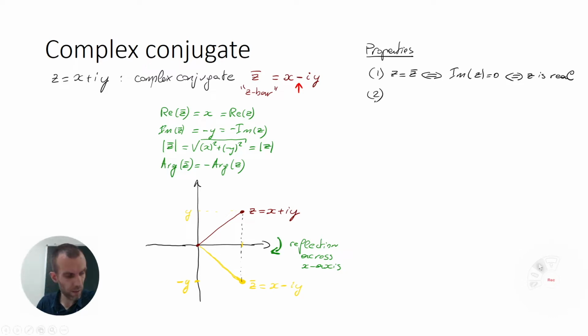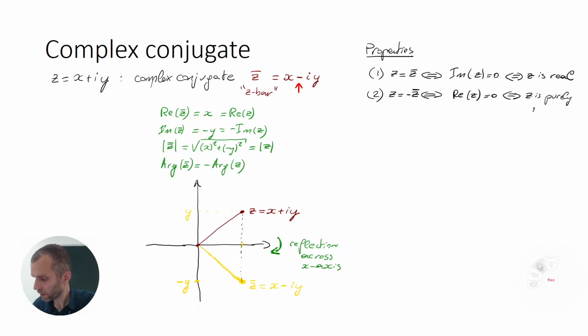And secondly, a number is equal to minus its complex conjugate, minus z bar, if and only if the real part is equal to 0, and that's the case if and only if z is purely imaginary.